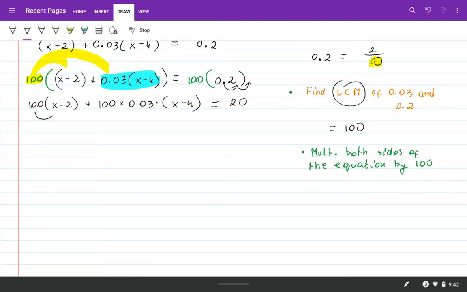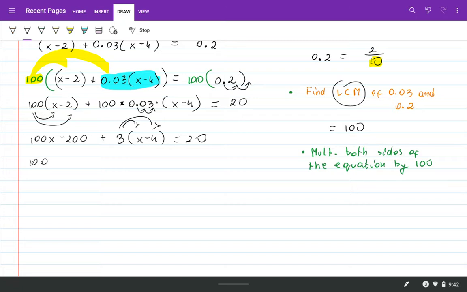And now I will just distribute. 100 times x is 100x minus 200 plus, now here we have 100 times 0.03, so we'll move the decimal 2 units to the right. So we have plus 3 times x minus 4 equal 20. Now I'm going to distribute 3.